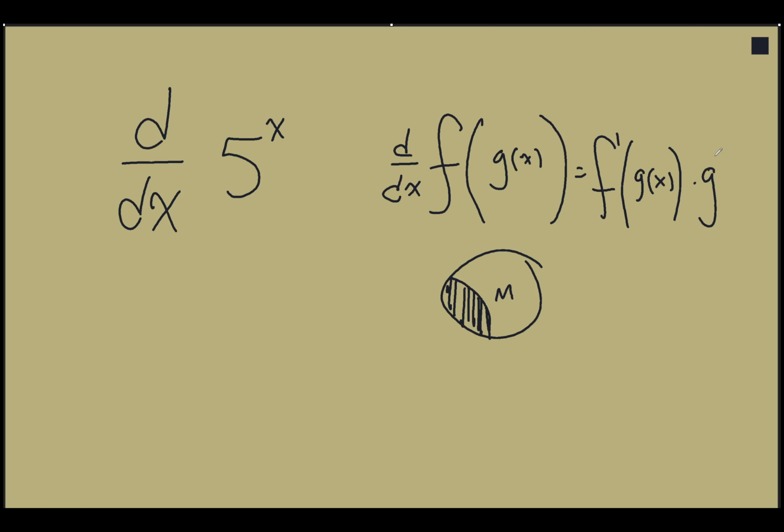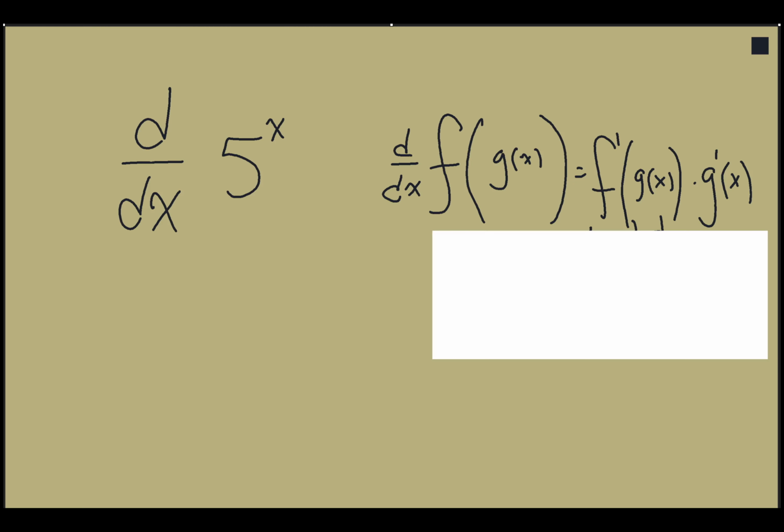Then multiply by the derivative of the inside. So here we're changing the outside of the candy shell without bothering the inside. And then we come over and change the inside. So we get a whole new candy. Okay? Okay.